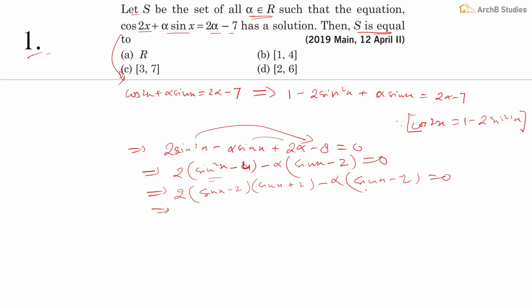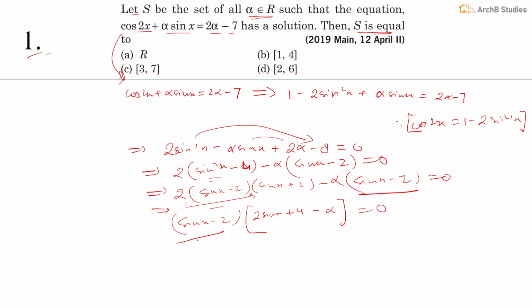Now if you take sin x minus 2 common, it will be 2 sin x plus 4, okay, minus alpha equal to 0.